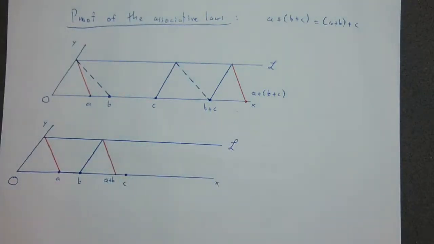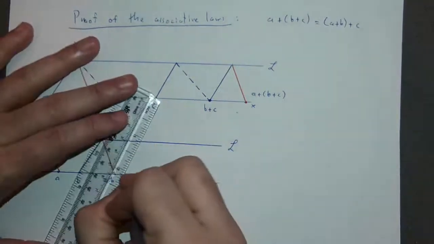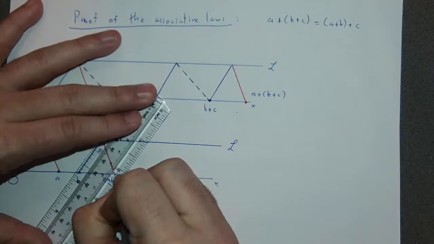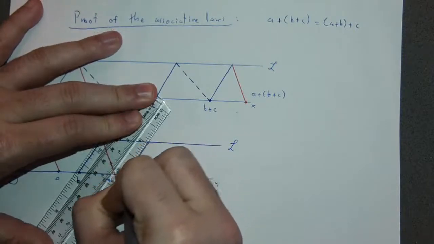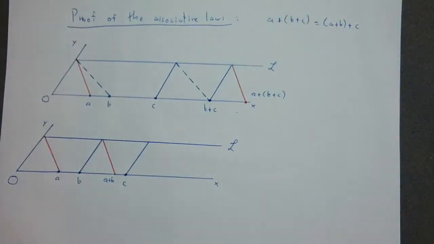Right? And now I need to add C to that. And to add C to that, I need to draw in a parallel from C to L. Okay.